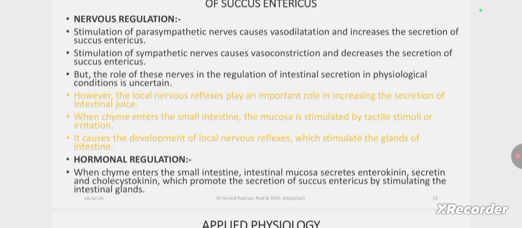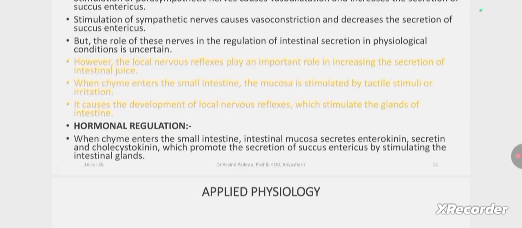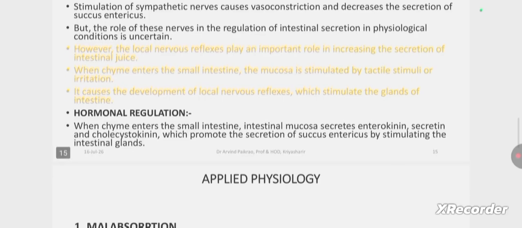Parasympathetic activity causes vasodilation and increases the secretion of succus entericus. In the opposite way, sympathetic causes vasoconstriction and decreases the secretion. But in modern science, how this occurs is uncertain. However, local reflexes play a very important role in secretion.